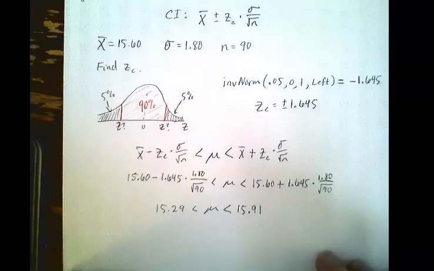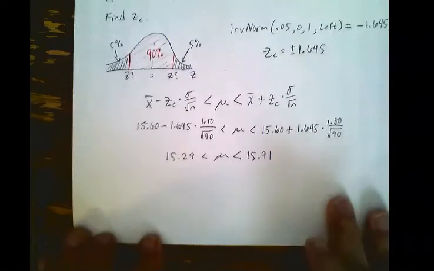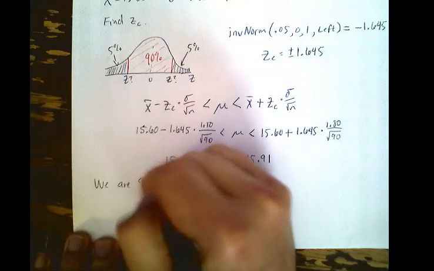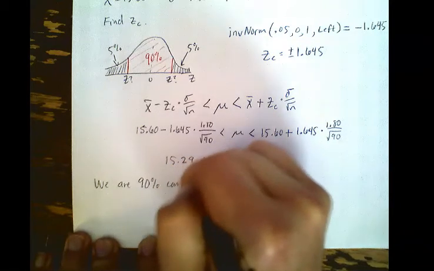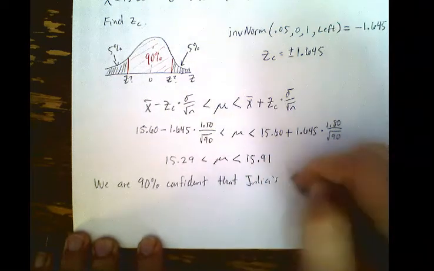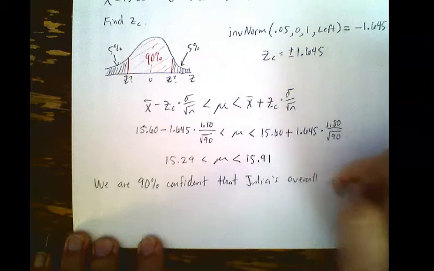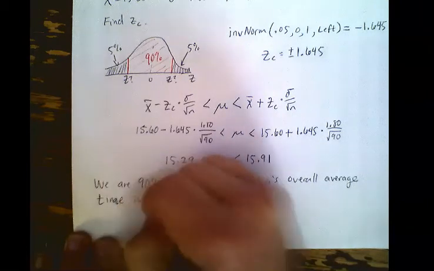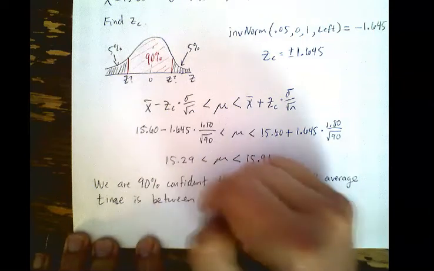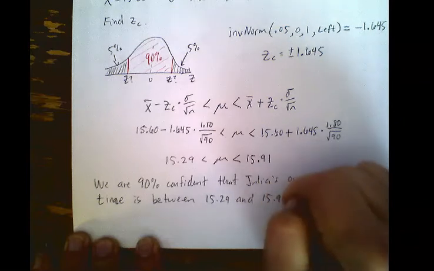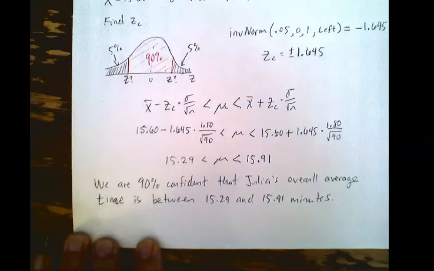So to interpret these results, we are 90% confident that Julia's overall average time is between 15.29 and 15.91 minutes. Okay.